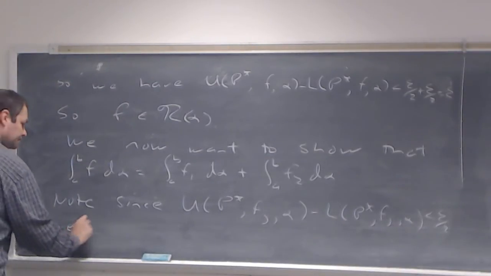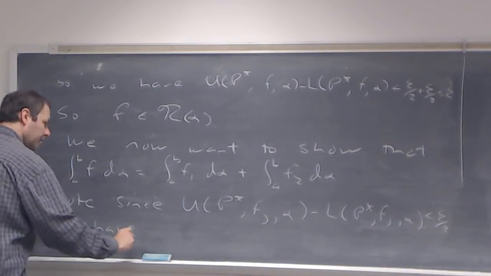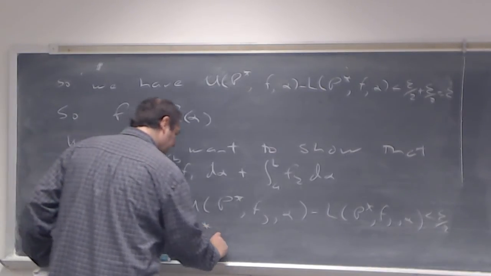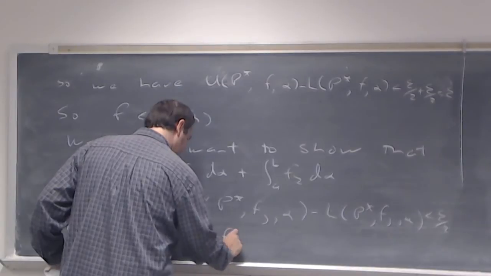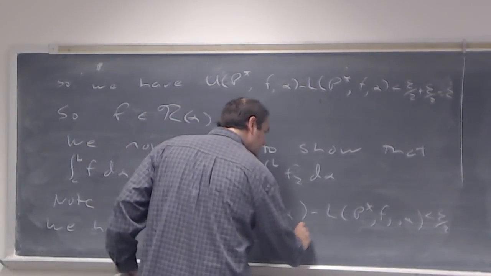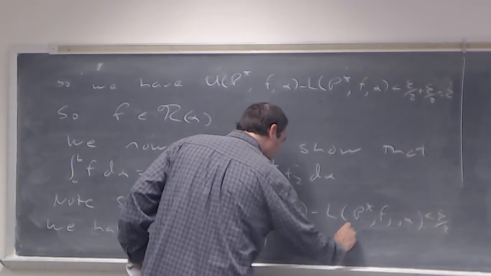We have that the upper sum of this partition for either one of the f_1 or f_2, alpha, is going to be less than epsilon over 2 plus the lower sum.